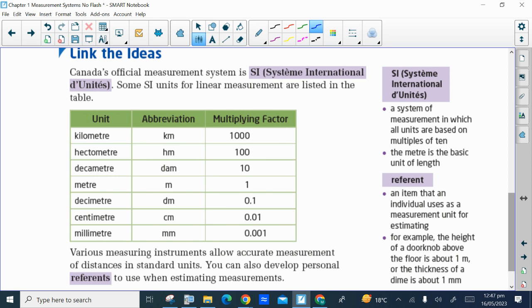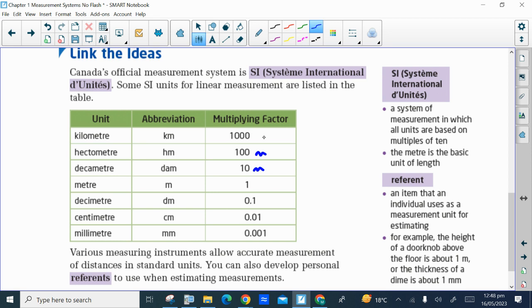If we look at this table here and start in the middle, where the meter is the basic unit of length, a decimeter is 10 times a meter. There are 10 meters in a decimeter. A hectometer, there are 100 meters in a hectometer.